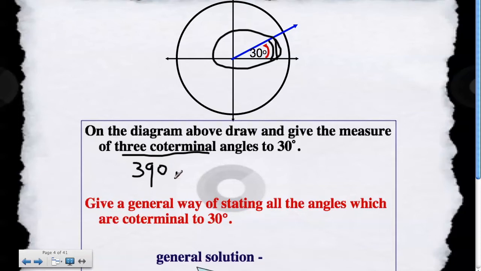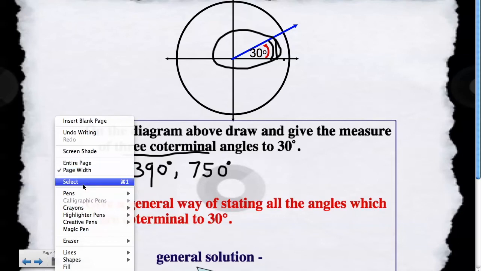Okay, that's one. Another one, well, I can go 2 complete circles and back to that arm. Well, 2 circles is 720, that's 360 plus 360. So 720 plus 30 is 750 degrees. Now, sometimes I can go backwards. So I'll change my color here, and I'll show you that if you go backwards, you can get a coterminal.